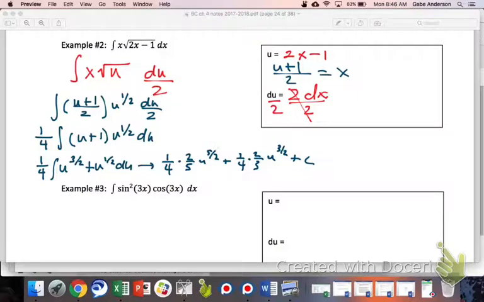No, I'm not. I'm going to keep going to the right. I got room. Okay, so this gives me then 1/10. I'm going to plug back in here too. 2x minus 1 to the 5/2 plus 1/6 2x minus 1 to the 3/2 plus c.